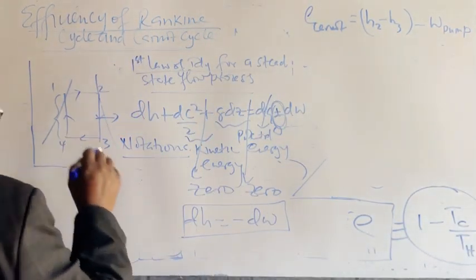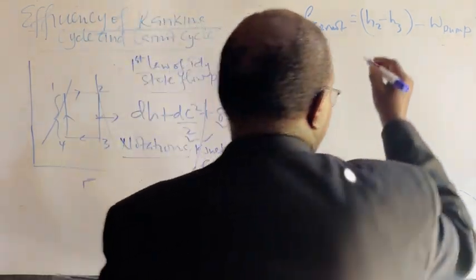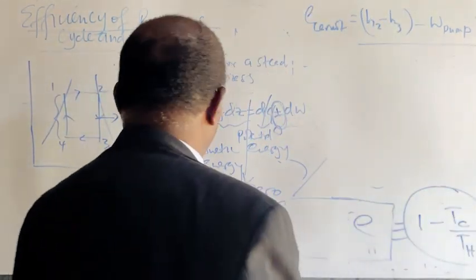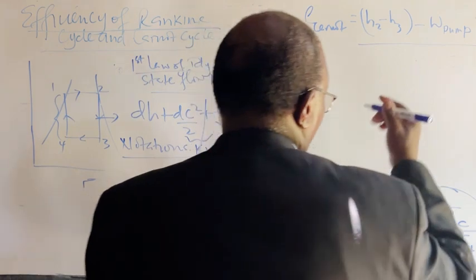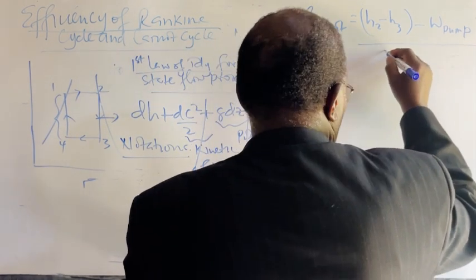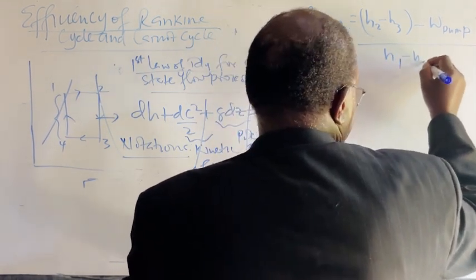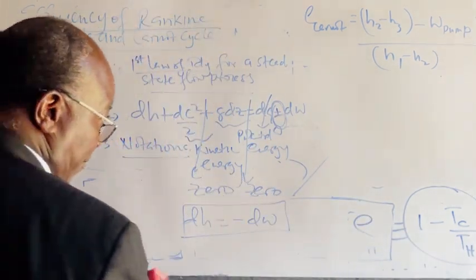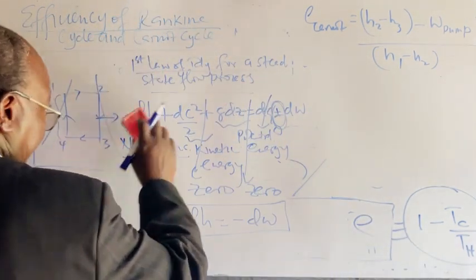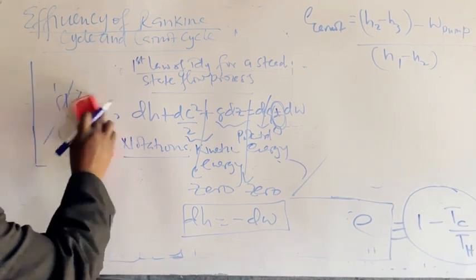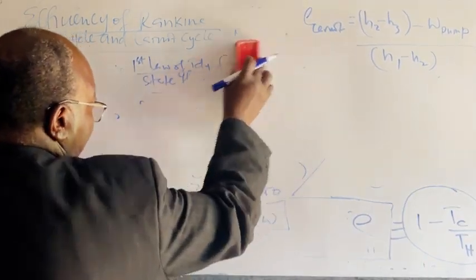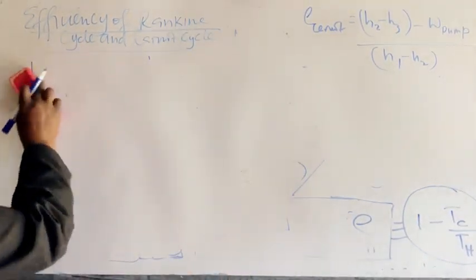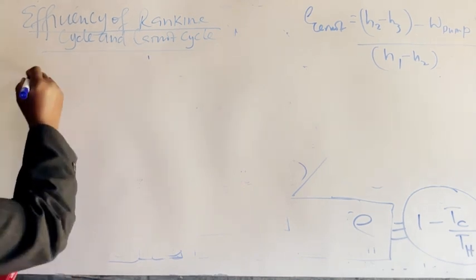Remember, that's the pump, and work has to be input into the pump. That is divided by the work input, which will be H1 minus H2. And for the Rankine cycle, the process is just the same.